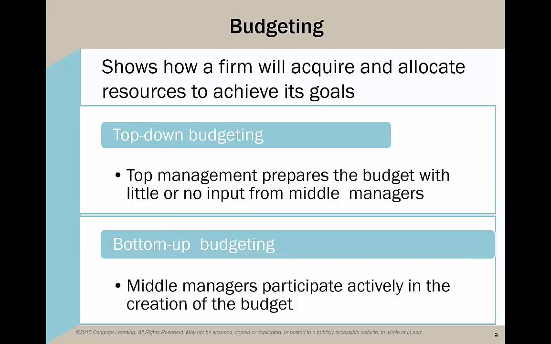Those who support the top-down budgeting say that, yes, top management should set the budget. They know the company's long-term goals. They are the ones that understand the strategic needs, so they are in a better place to make those budgeting decisions. They can see farther into the future, and they may have larger goals and are thinking about a bigger picture than just those middle managers who might only be concentrating on their division or their territory.